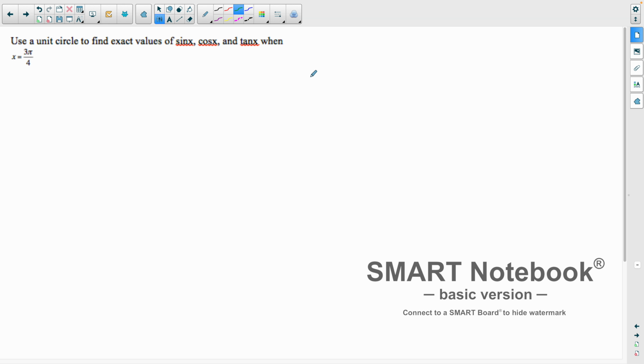All right. Next, this one's just a little bit different. It's asking me to find the sine, cosine, and tangent. So find all three of those ratios when my angle is 3 pi over 4. So I'll give you a little time, see if you can find those. Find sine, cosine, and tangent when my angle is 3 pi over 4.